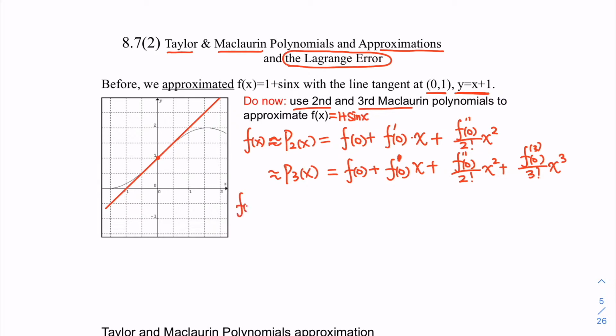Given f(x) equals 1 plus sine of x, f prime equals cosine of x. Now we just need to plug x equals 0 in.